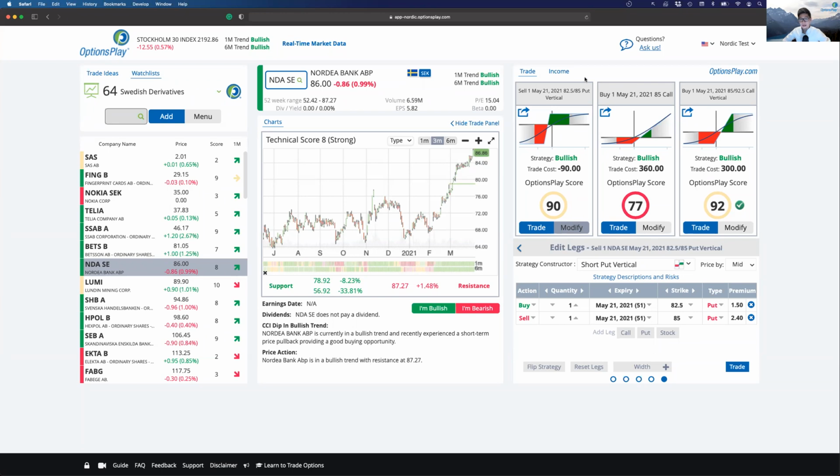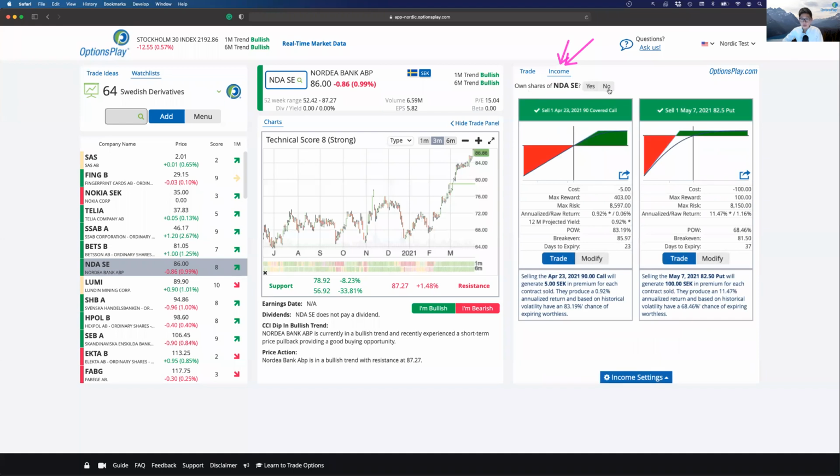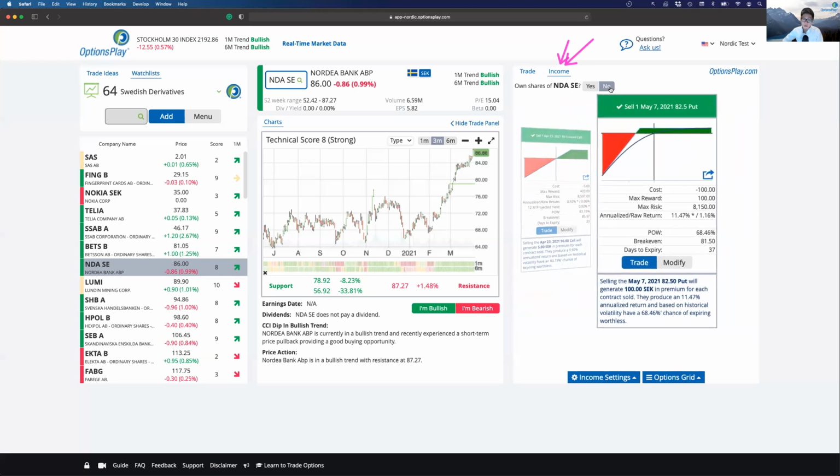What about only selling puts? If you click on the income panel here at the top of your screen, right here, it'll ask you, do you own shares of the stock? Yes or no. If you're selling puts, you can select no, and we will show you the put to sell. And when you sell puts, you want to think about what is the annualized yield, right?